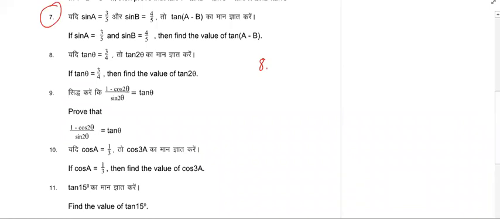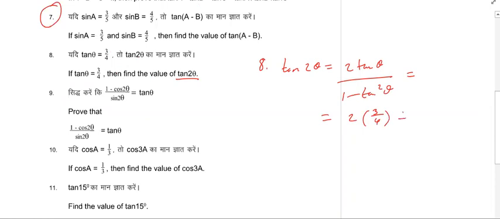Question number 8, we have tan theta equal to 3/4, and we're going to find tan 2 theta. We know tan 2 theta is equal to 2 tan theta over 1 minus tan squared theta. So that is 2 times 3 over 4, divided by 1 minus 9 over 16.